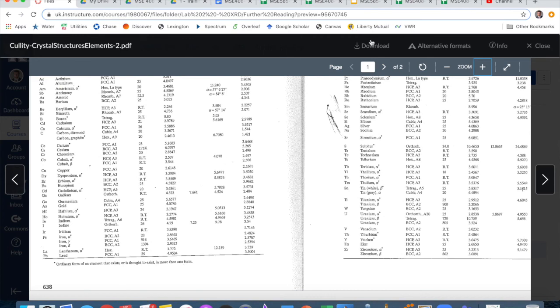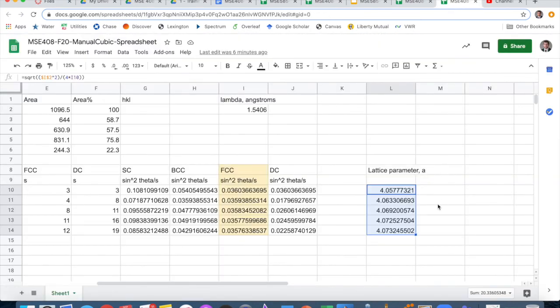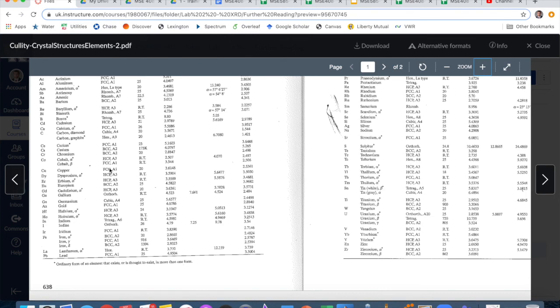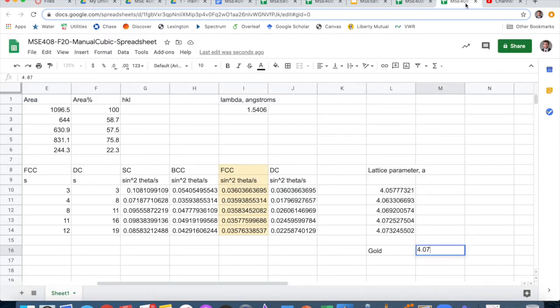And so if I have to pick, which is I guess the issue here, I'm going to pick gold, right? And so its lattice parameter was 4.0786. Right? So pretty close to what we had here. So I'm comfortable with that.